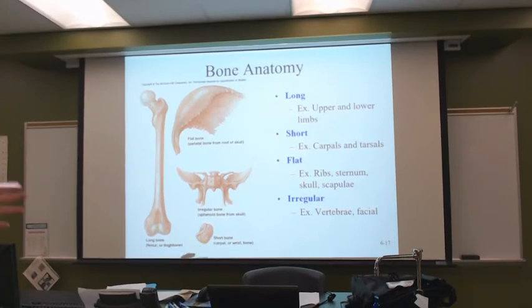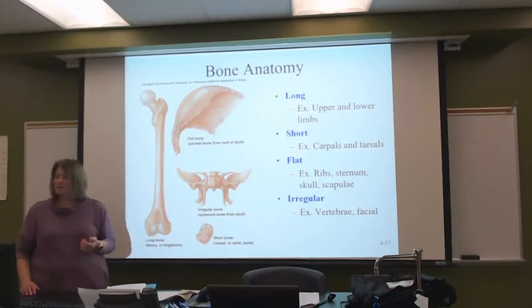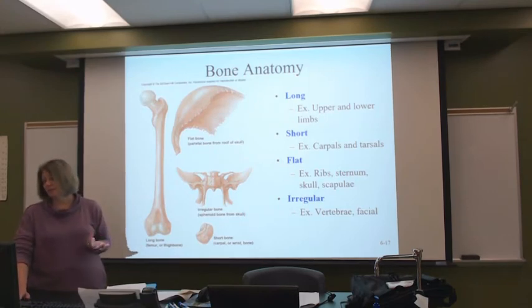Think of the bones of the extremities: the humerus, the radius, the ulna, the femur, the tibia, the fibula. These are long bones. A short bone, think about what we have in the wrist and the ankles: carpals and tarsals. Flat bones, good examples are ribs, sternum, the skull, scapula. Everything else is going to be considered irregular, like facial bones and the vertebrae.